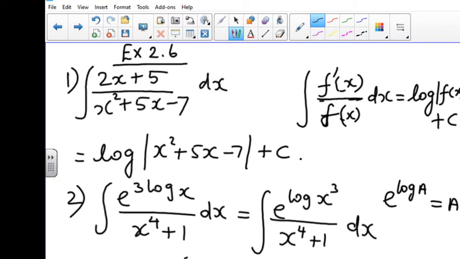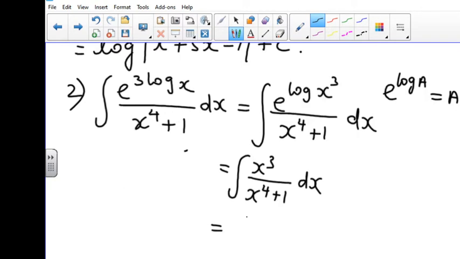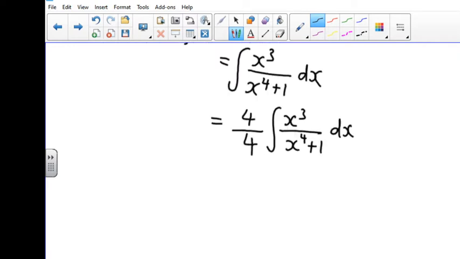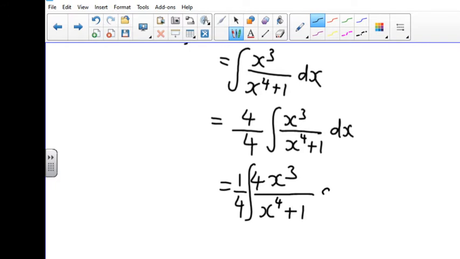Now, listen to this. This is x power 4. When you differentiate this, we will get 4x cube. But here we have only x cube. So multiply and divide by 4. Outside you have 1 by 4, and inside 4x cube divided by x power 4 plus 1 dx.